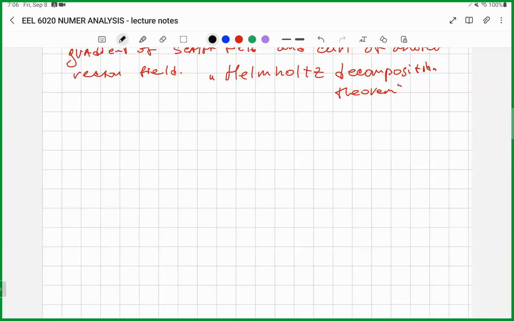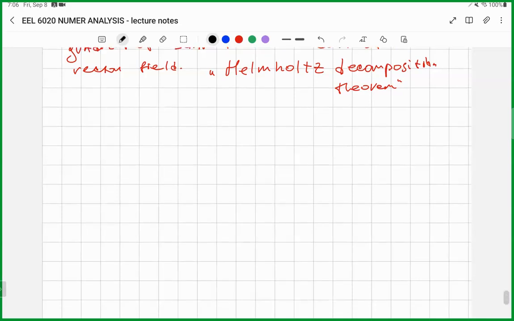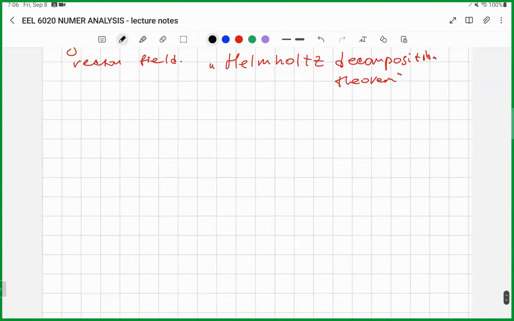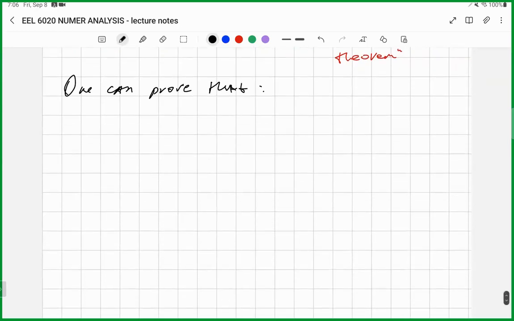And as a final formula from these vector operators, which will be used in what follows once or twice, is this one. One can prove that this formula holds.